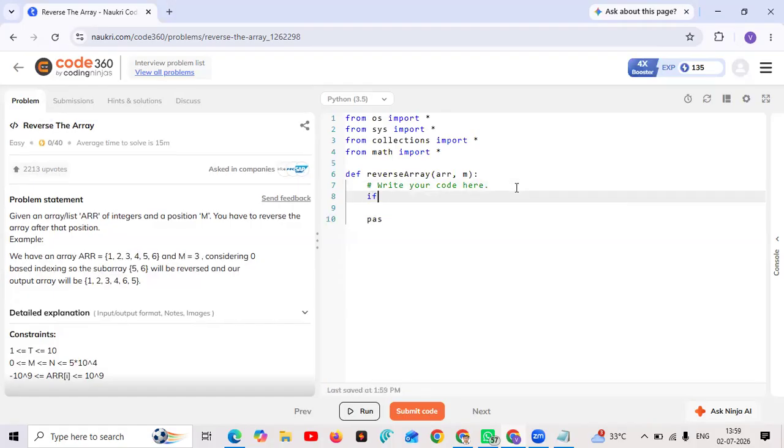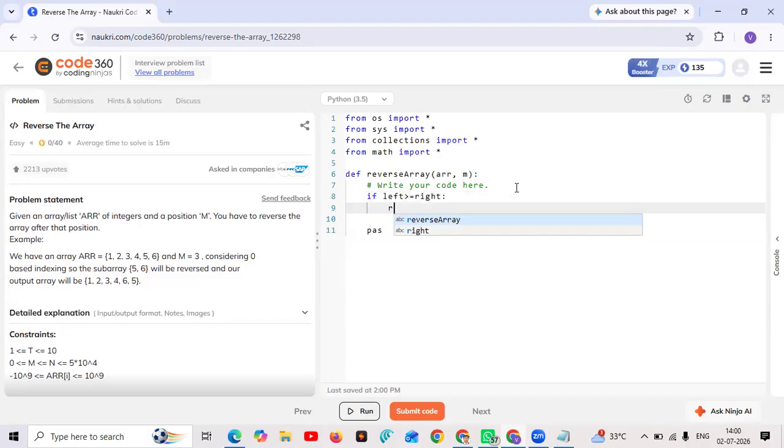First of all, if left is equal to right, return the array.